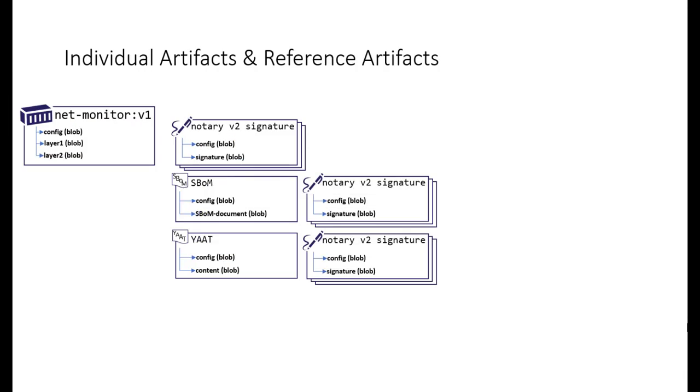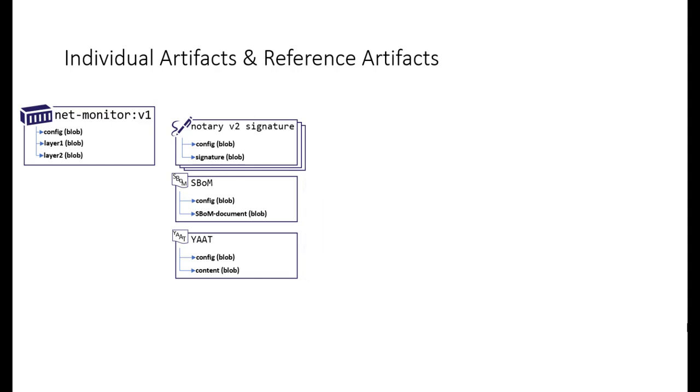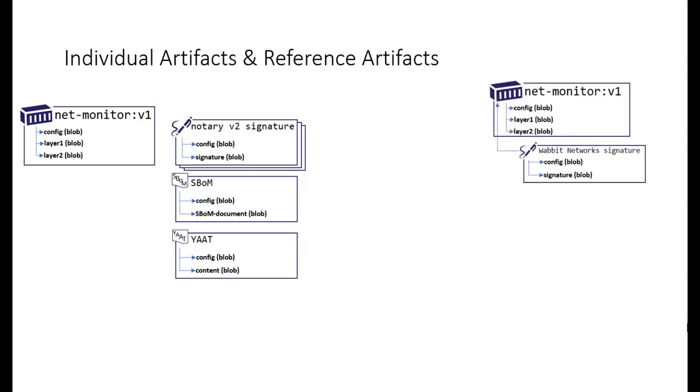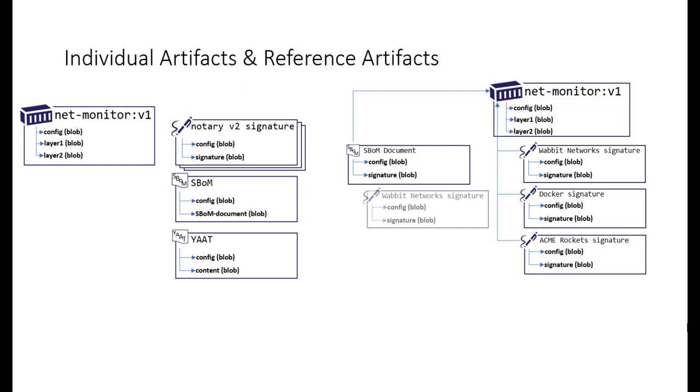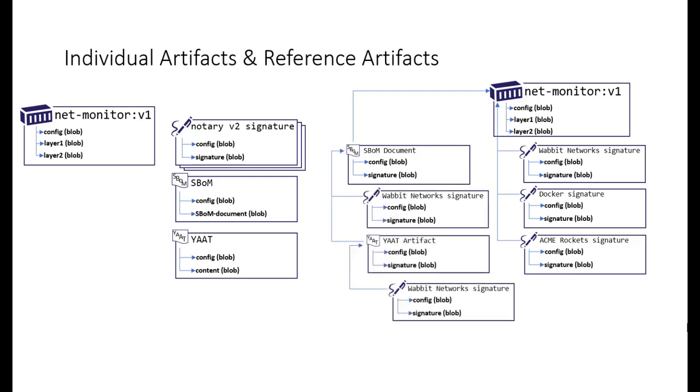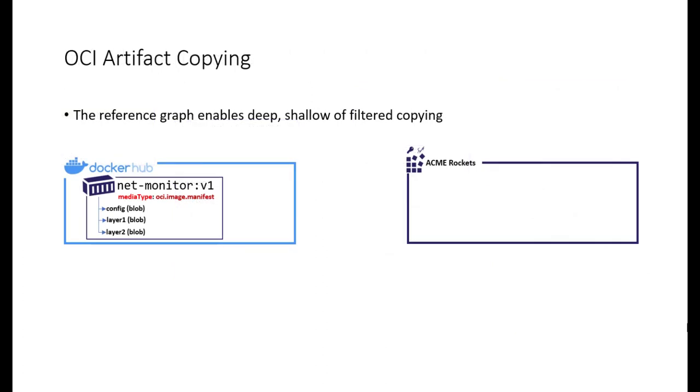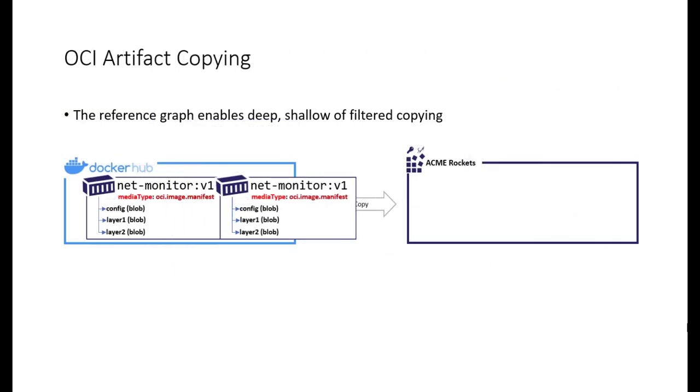If all of these objects were individual objects in the registry without the registry knowing their relationship, how would we manage any kind of lifecycle or content management? So the idea is because these things have relationships to each other, we can create a graph around how these things are stored. We can start to do interesting things like copy stuff across a registry.